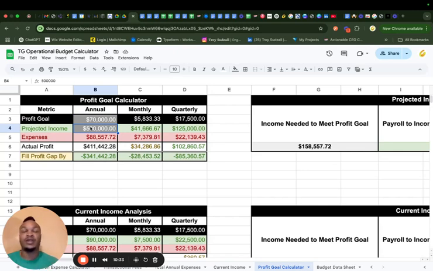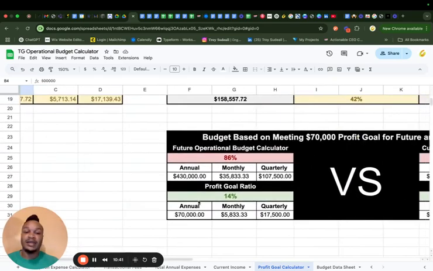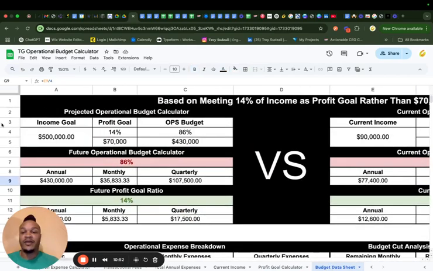We want to give the team raises. We want to renovate the building and still be able to profit the 70,000, right? 70,000 out of 500,000, as it says down here, is 14%. 430,000 out of 500,000 is 86%. That information is the same right here, right? See that?